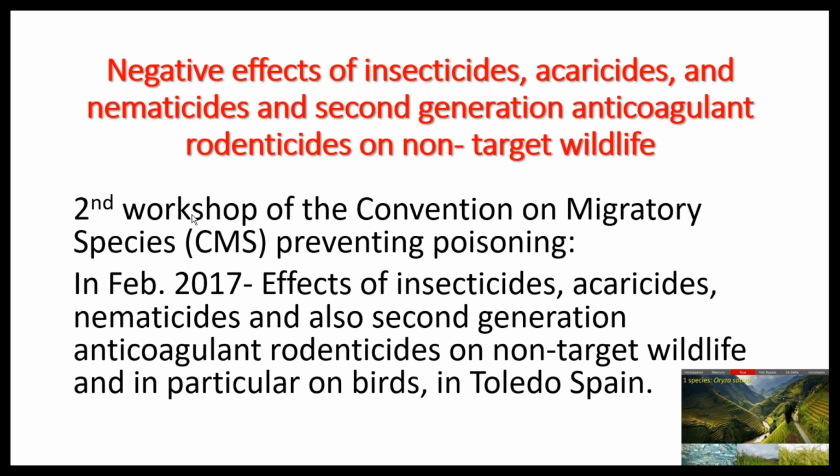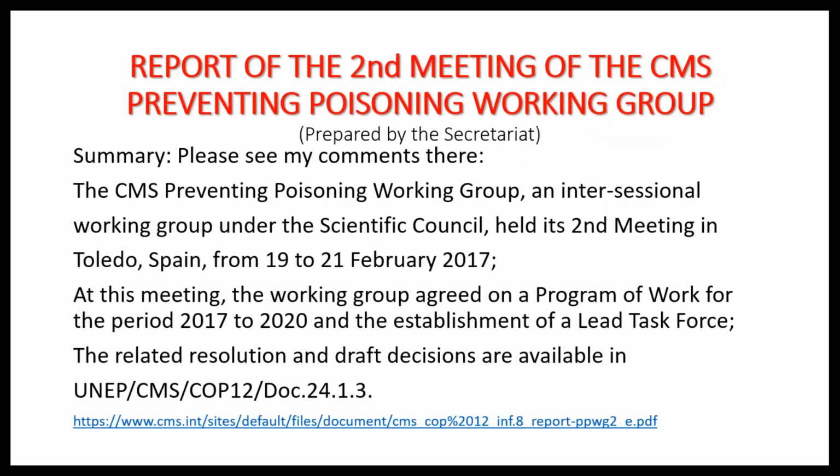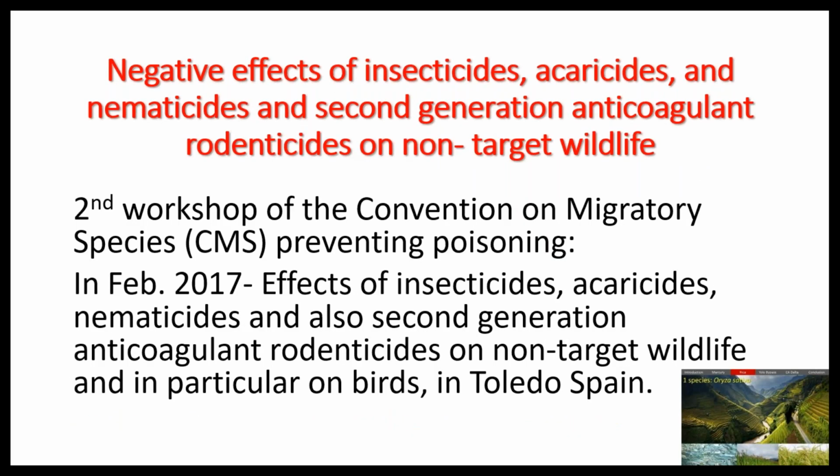They are very potent killers of much life in the wetlands, and non-target. They also use, for example, second generation anticoagulant rodenticides. That's a group of rodenticides. They are used widely now in some countries, but in most developed countries, the usage is stopped.